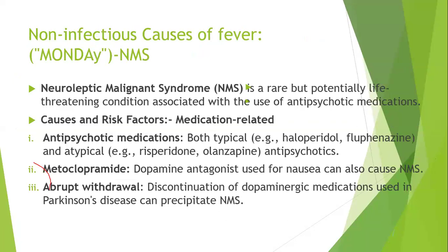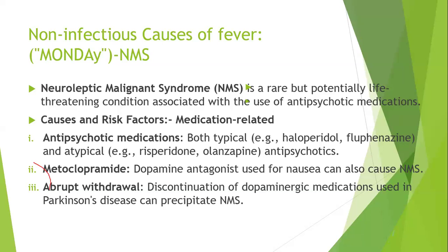All right, the NMS we mentioned before is a rare, potentially life-threatening condition, and it is medication related. In some of our patients we use haloperidol to manage agitation and delirium, and some of them we give metoclopramide as part of our ulcer prophylaxis.